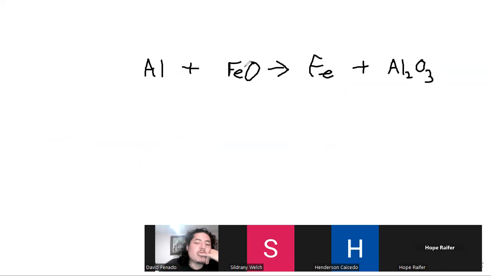All right, so I'm gonna use my strategy since I'm doing this one. What I do is make a chart of the elements that we have first: Al, Fe and O. We have one Al times one here, so I'm gonna put it in a different color so we can see.